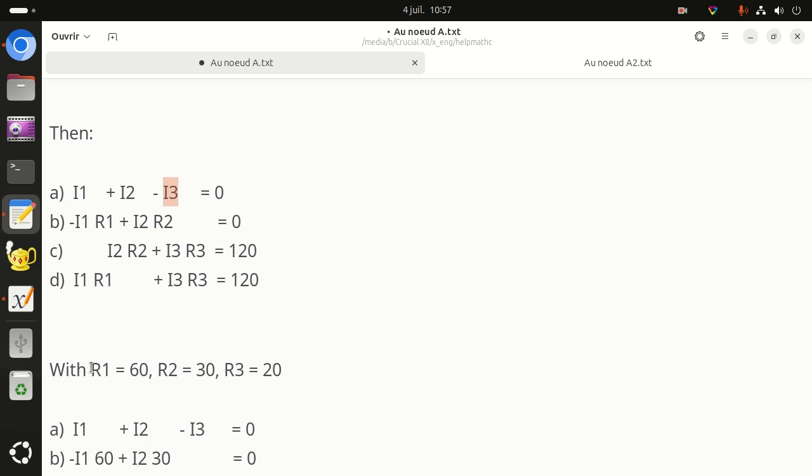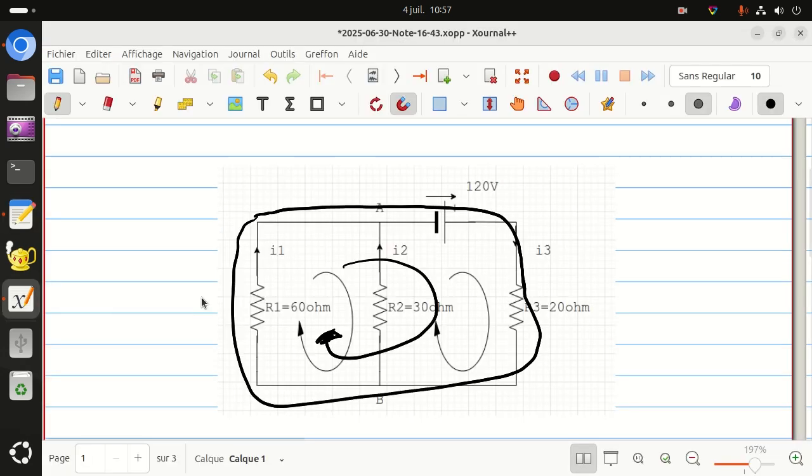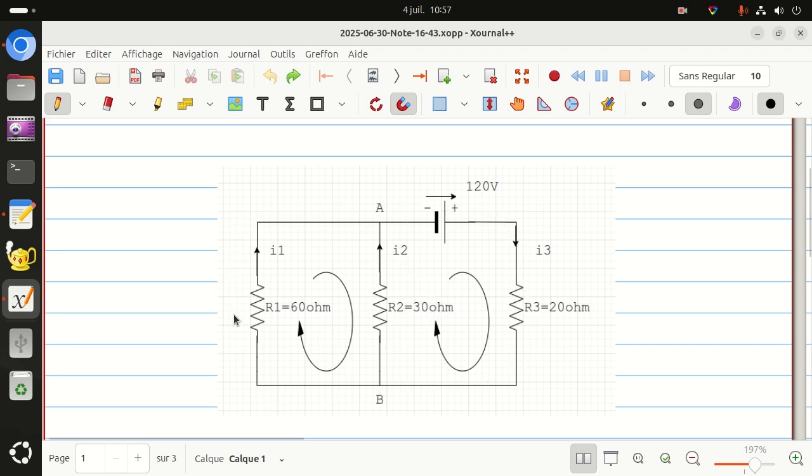You can give the value for the resistor. Why? Because on the graph you have the value of the resistor.